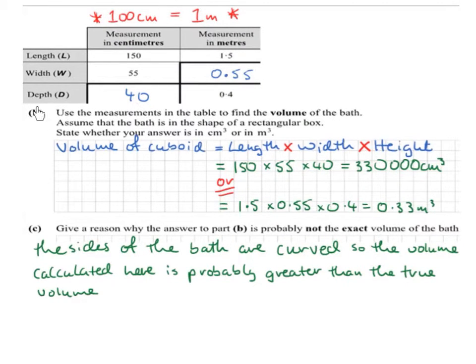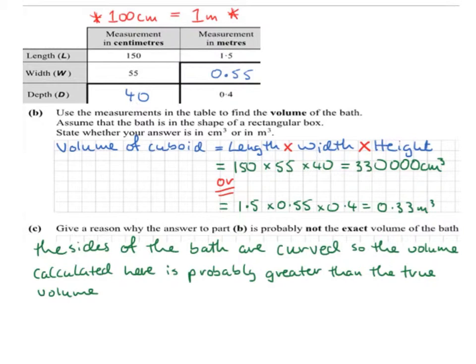Okay, so let's start with part B, find the volume of the bath, and we're assuming that it's a rectangular box. Another word for a rectangular box is a cuboid, or else a rectangular solid. We need to learn off by heart the formula for the volume of a cuboid, because this formula is not given in our formula tables.